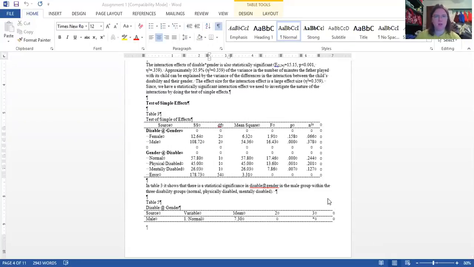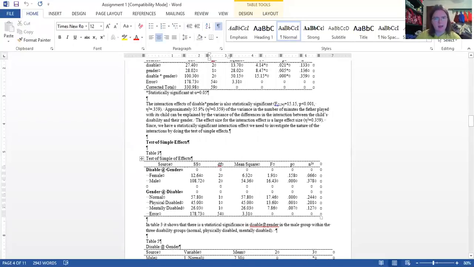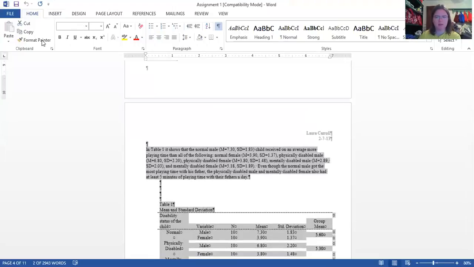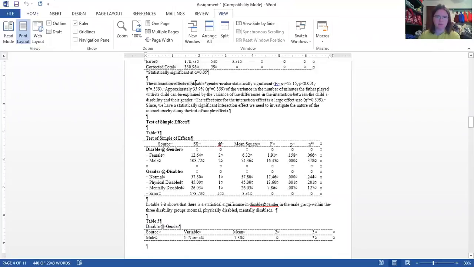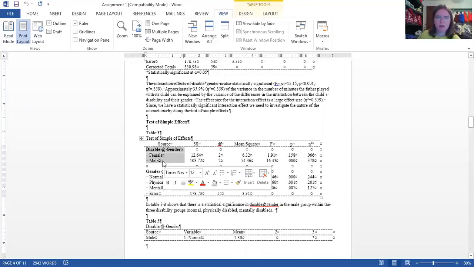Okay. So when you look at this table 3, which is your table 5, up here we're talking about gender at disabled. My mouse is going crazy, I'm so sorry. We're talking about disabled at gender right here. If you look at disabled at gender down below, which is the first part of here, you're going to see what is really happening.